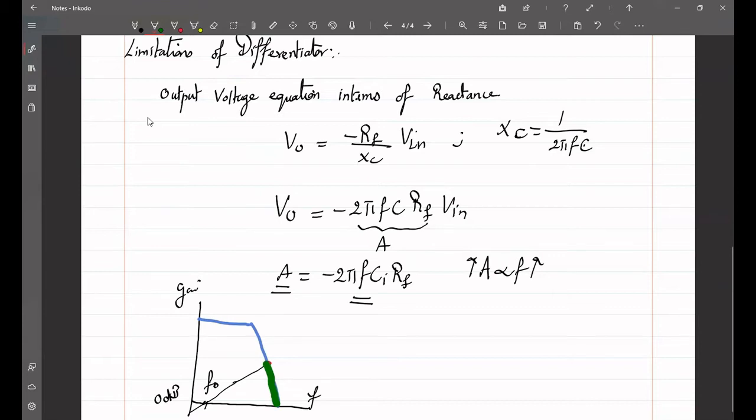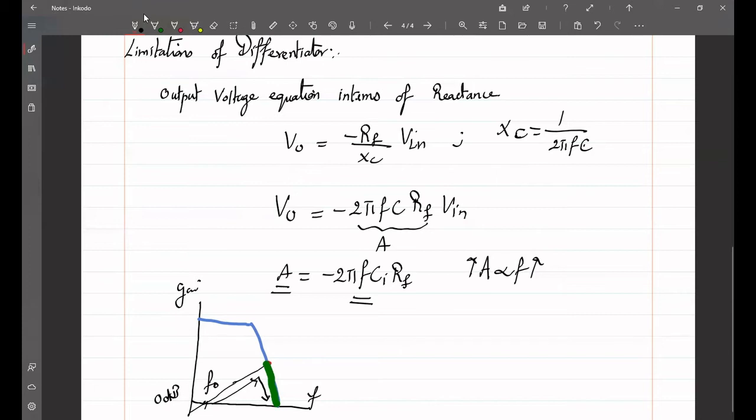So a falling gain property will occur in this kind of characteristics. The characteristics of an integrated differentiator will flow like this. It will increase from 0 to the maximum, and after the maximum it attains, it will fall back to 0.